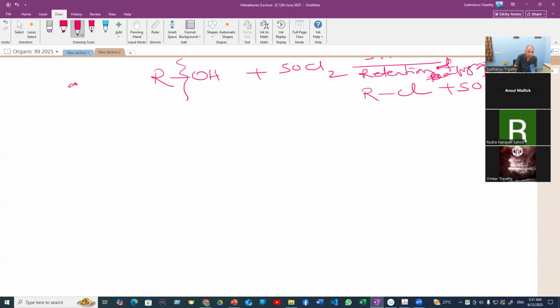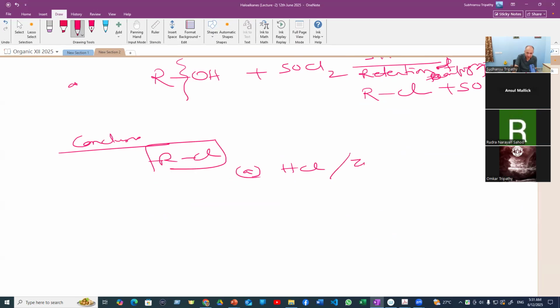So, to conclude, for alkyl chloride, you have so many options: HCl, sometimes it is better to add a little bit of zinc chloride for arresting rearrangement, PCl3, PCl5, and the SNi SOCl2.